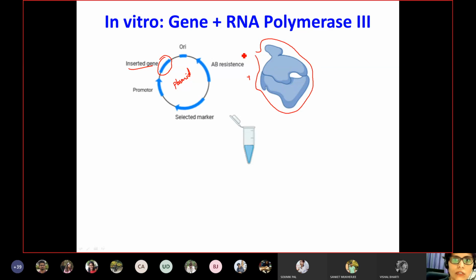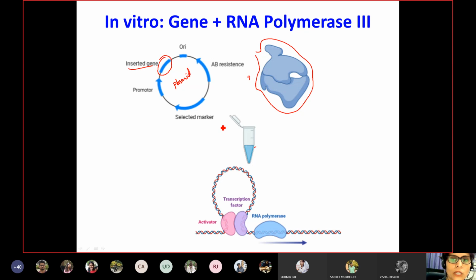And in the presence of appropriate buffer, as can be shown here. So when you mix here, then at the end of mixing, you can see whether your gene of interest is giving rise to any RNA products or not. So this is called your in vitro transcription assay.